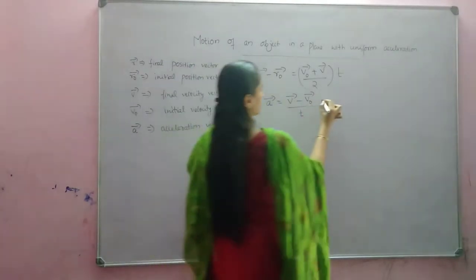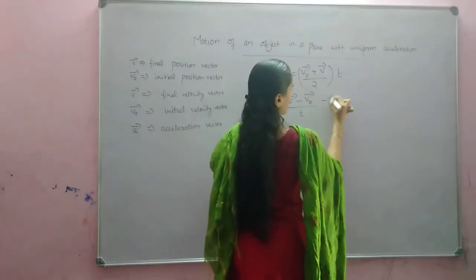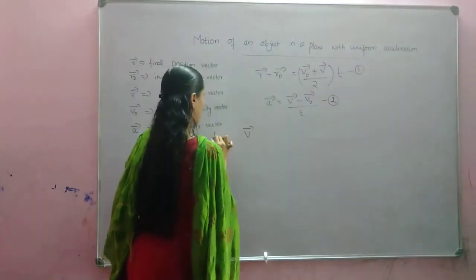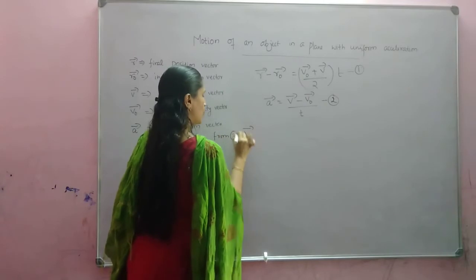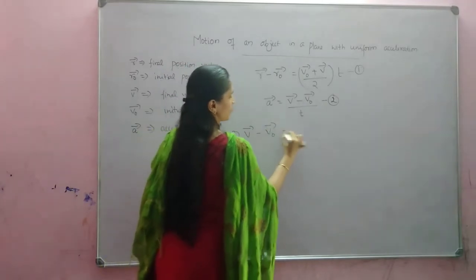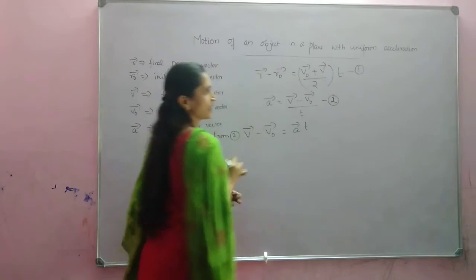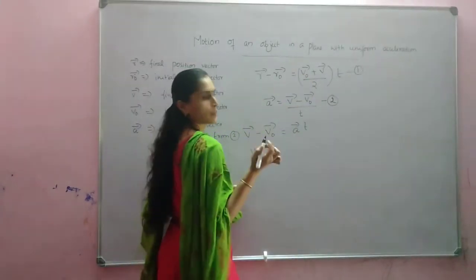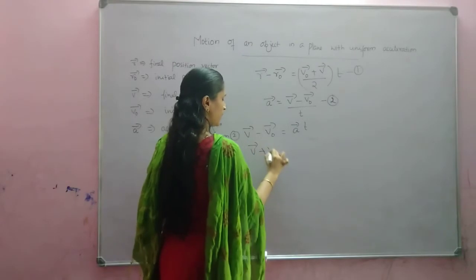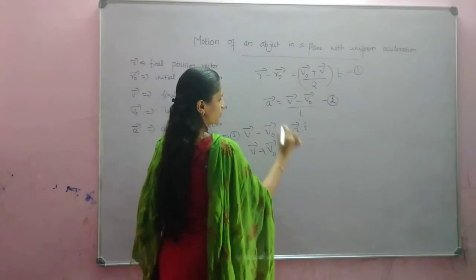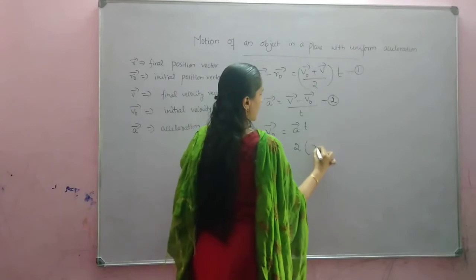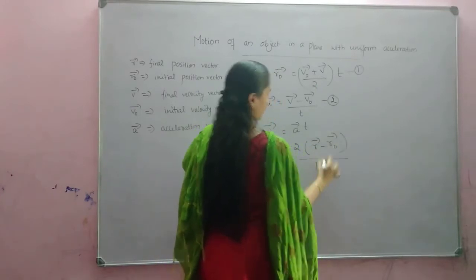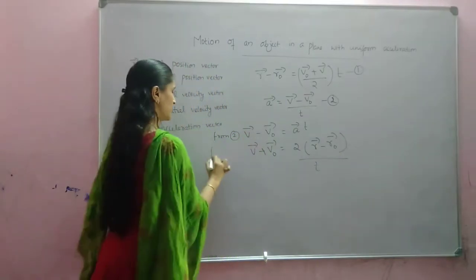From the second equation, we can write v minus v0 is equal to a into t. Am I right? Again, from the first equation, we can write v0 plus v and v plus v0 are both the same. So we can write v plus v0 is equal to 2 into r minus r0 by t. This is from the first equation.